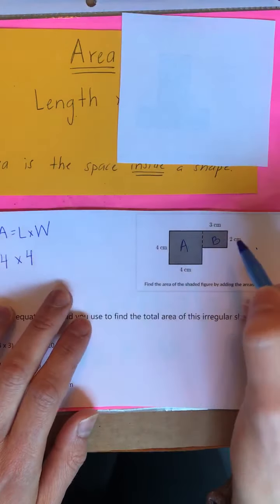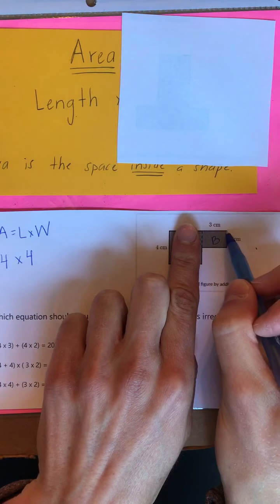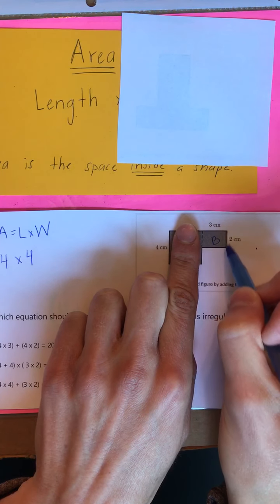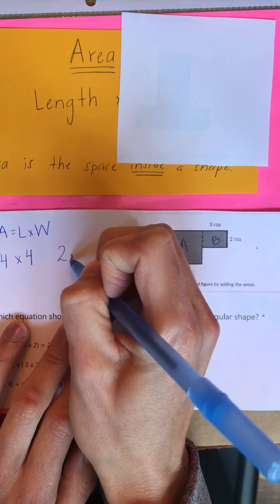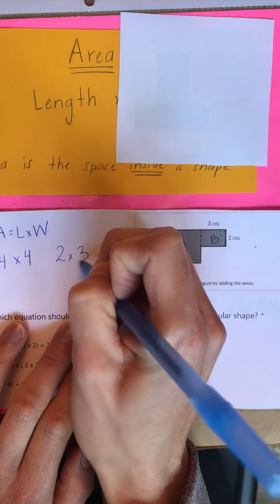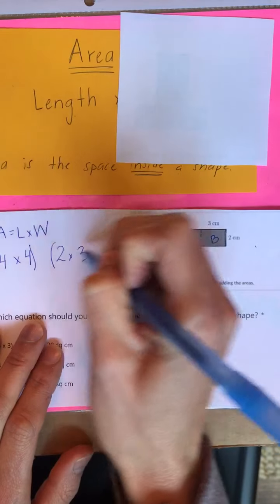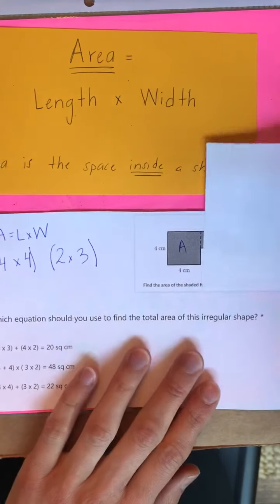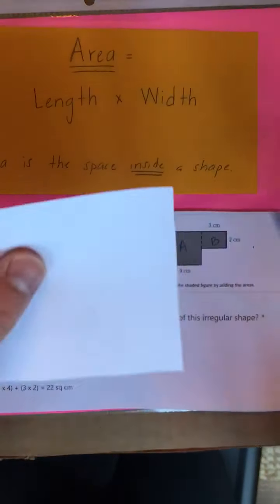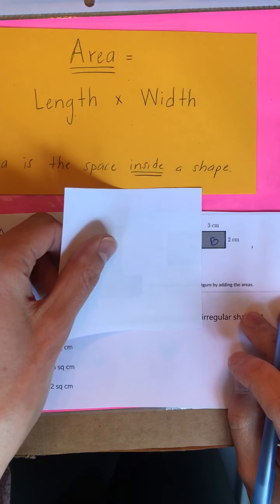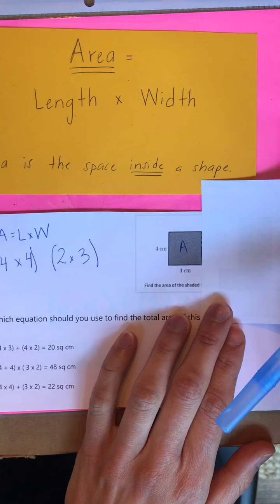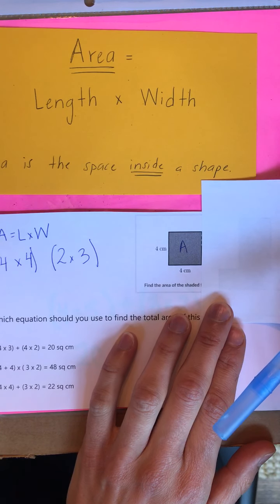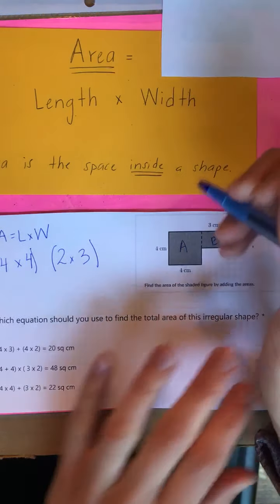So you should have told me that the area of B was 2 centimeters times 3 centimeters, right? The length times the width. Now remember, A is part of my shape and B is part of my shape. When I have a part and a part, what do I do with the two parts to find the whole? Fantastic, I add them together.